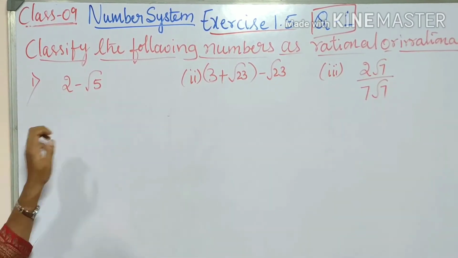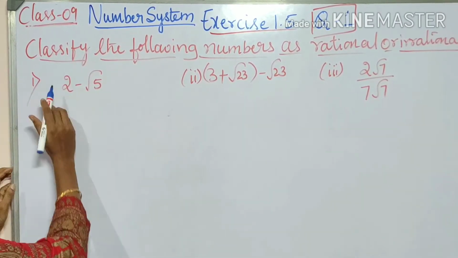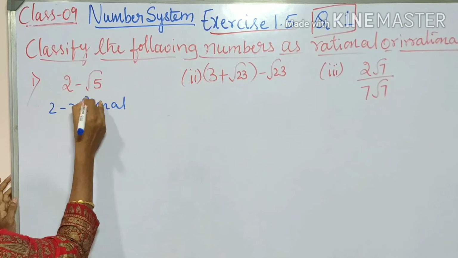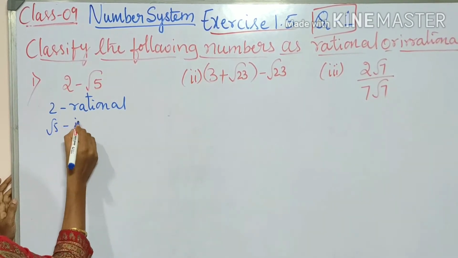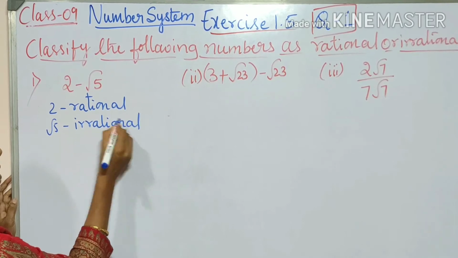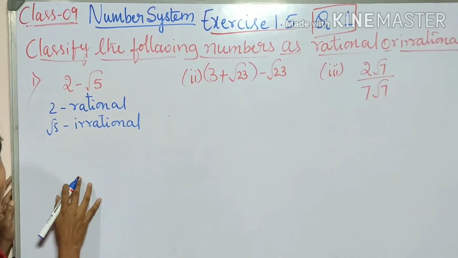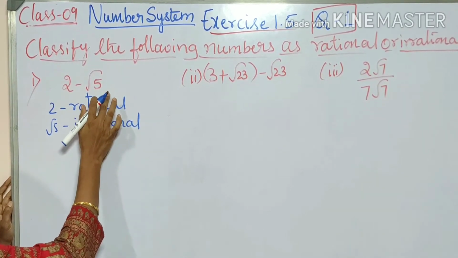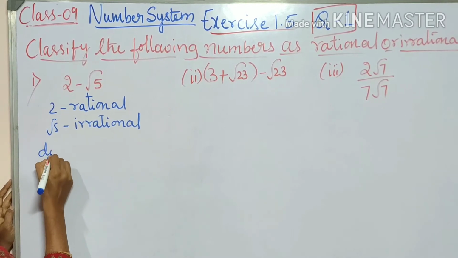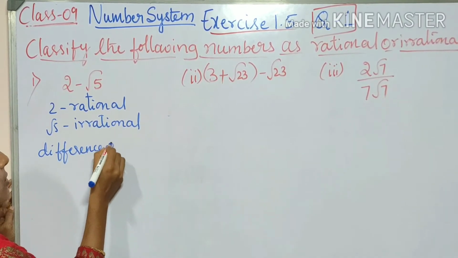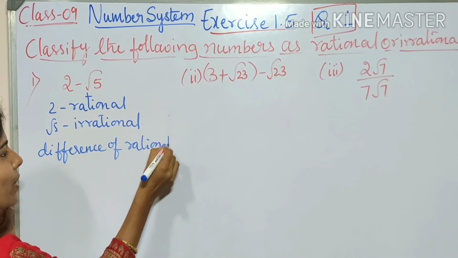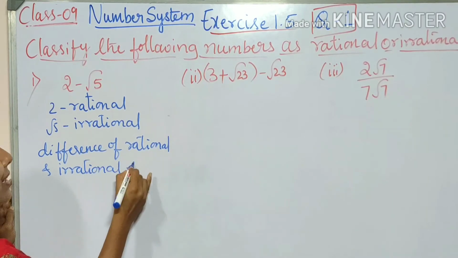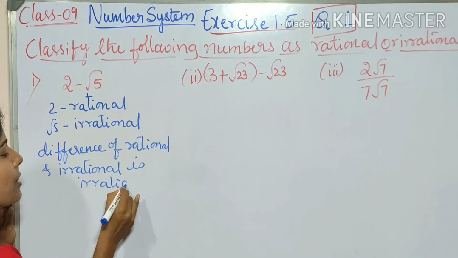The first sub question is 2 minus root 5. If you observe this, 2 is rational and root 5 is irrational. As we know, the difference of rational and irrational is irrational. So we can write: the difference of rational and irrational is irrational.